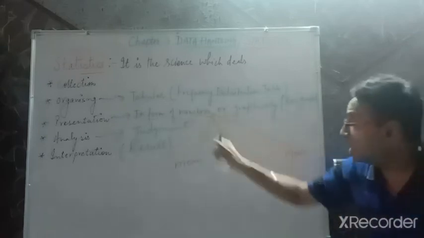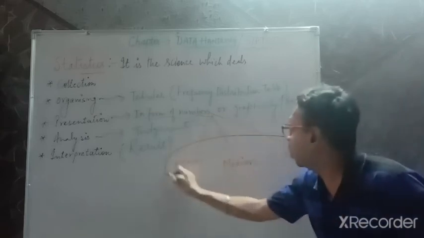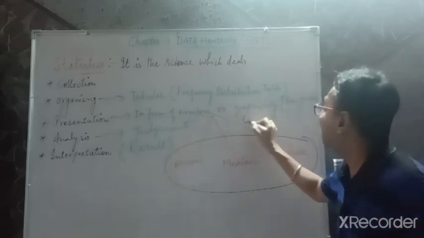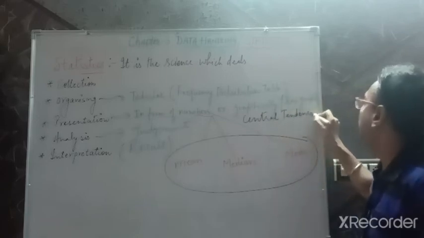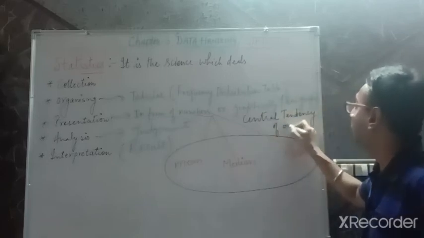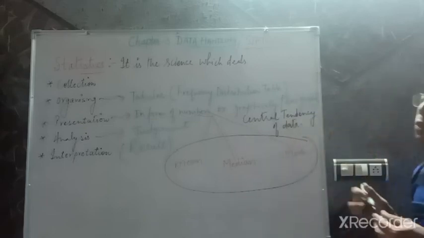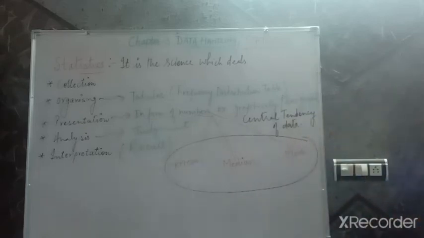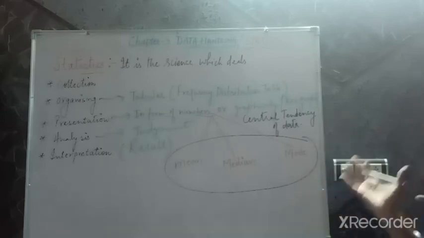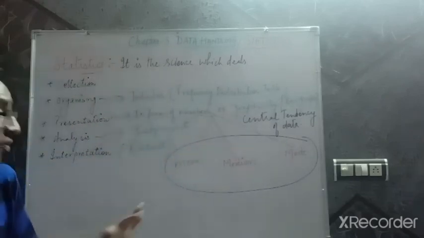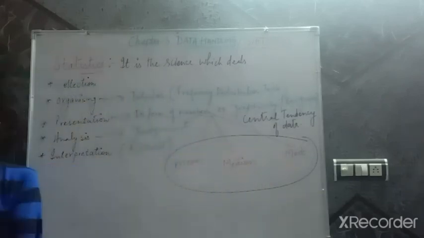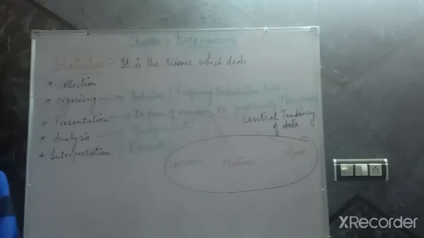So basically, these three values are known as the central tendency of data. What is that? It is assumed that the middle value of any data actually gives the whole idea of what the data consists of. That is why, if we find these three values, we can conclude many things about how our data is.